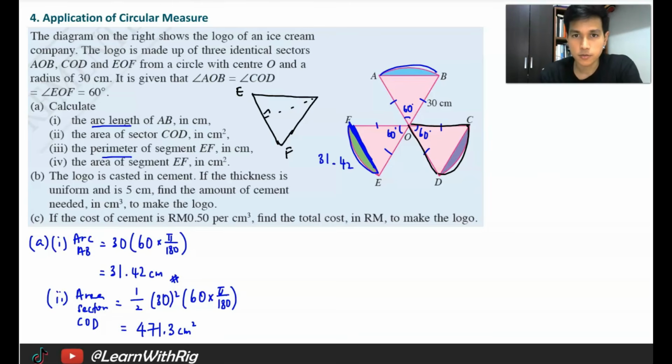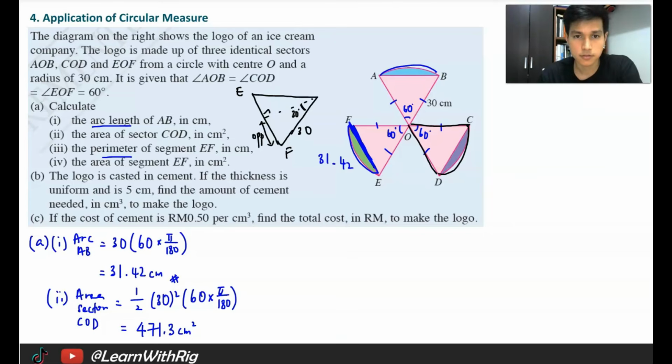Okay, so what you can do is, here is 60 degree, right? So this one is going to be 30 degree. You know the radius is 30 cm. You want to find here. Let's say this is opposite, right? Opposite and hypotenuse. So you can use SOHCAHTOA. So you can use O and H.